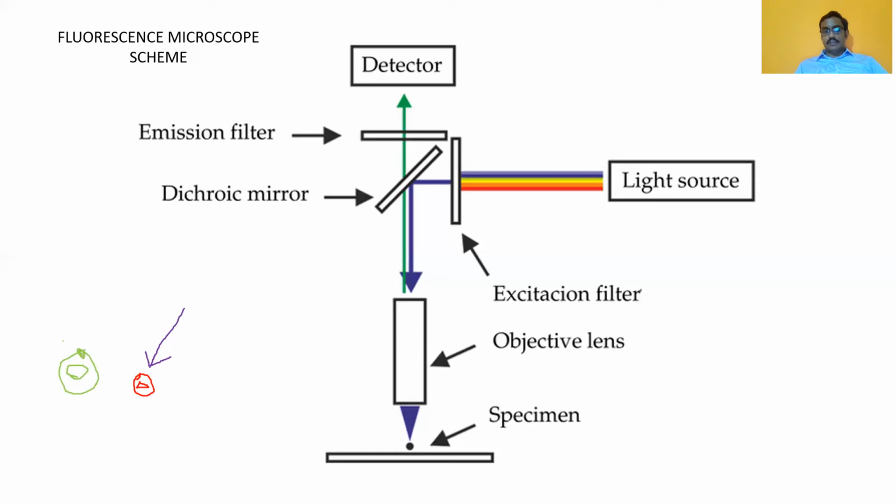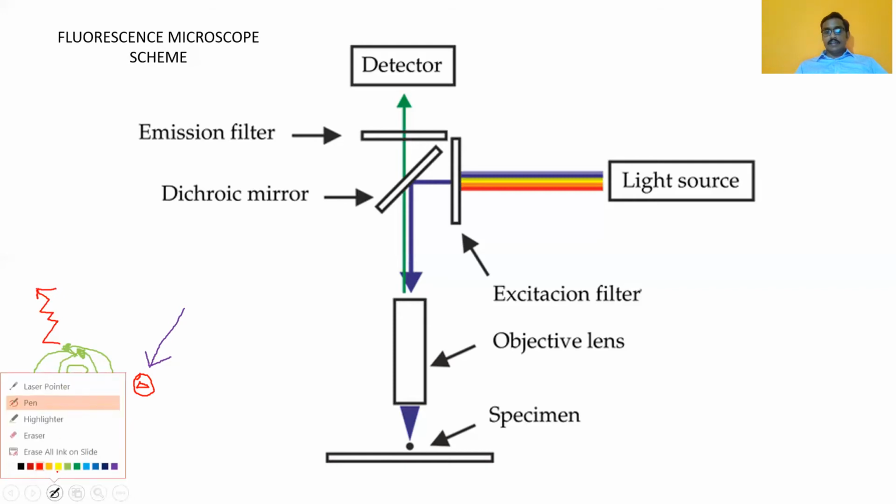So when your UV light hits, this electron is going to move on to a higher energy electron orbit. When the UV light is taken away, it's going to fall back. When it falls back, it's going to release, let's not worry about what that energy source is, the energy that it gained in the form of electromagnetic radiation.